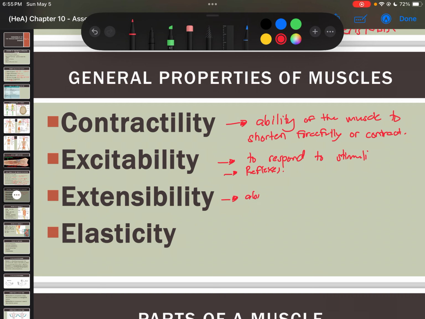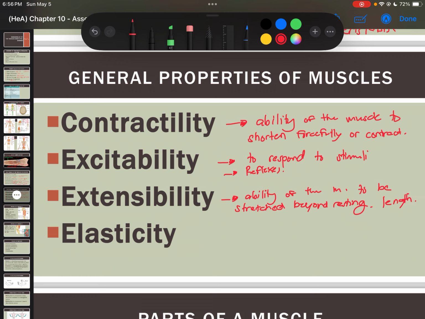This is the ability of the muscle to be stretched beyond resting length. That's the keyword: beyond resting length.